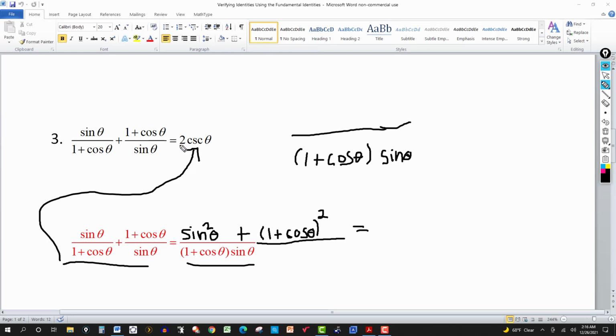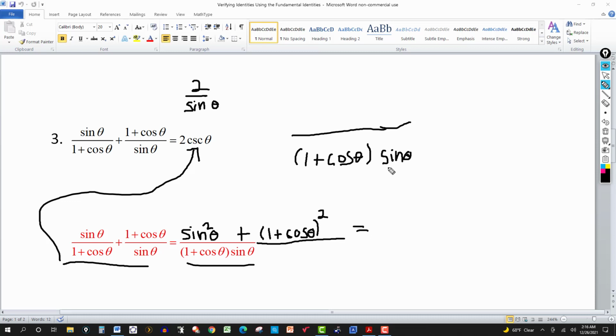Remember, I told you that 2 cosecant of theta, that's the same thing as 2 over sine of theta. When you look at this denominator, I have a sine theta right there.